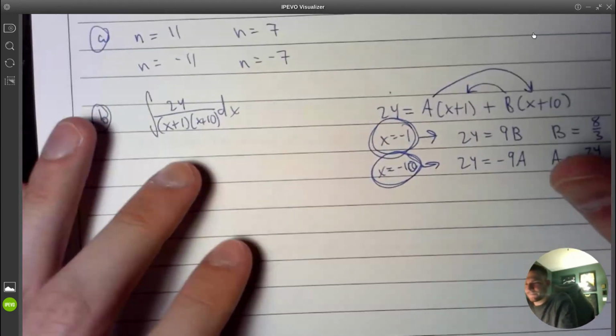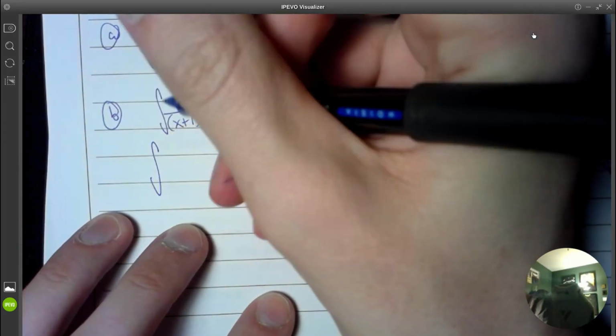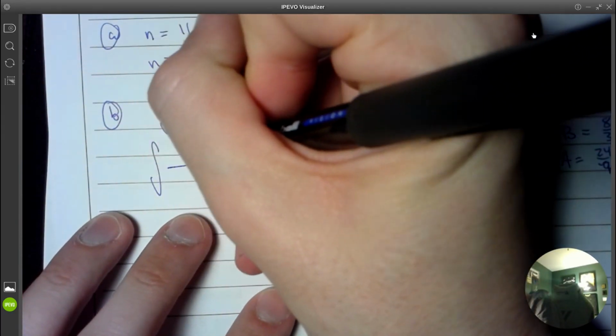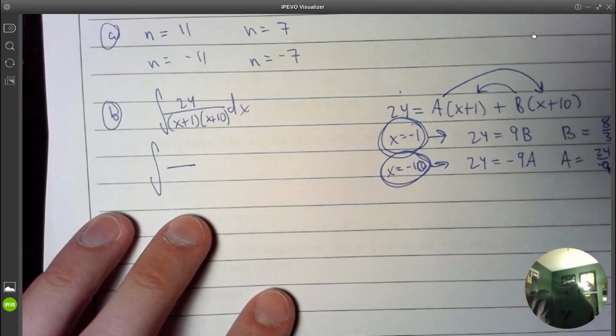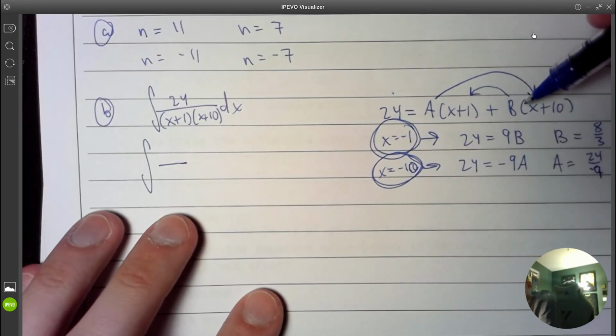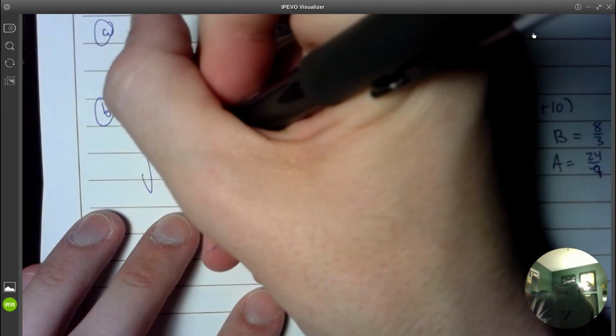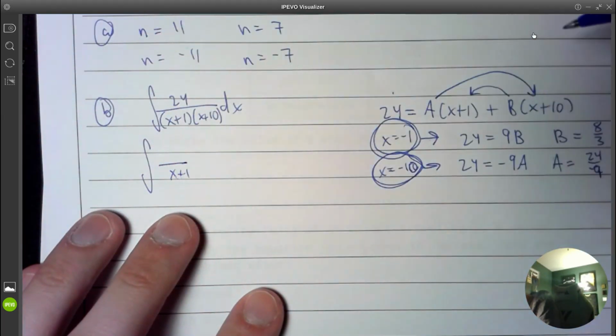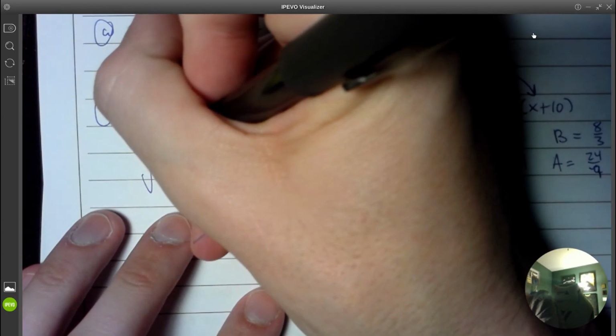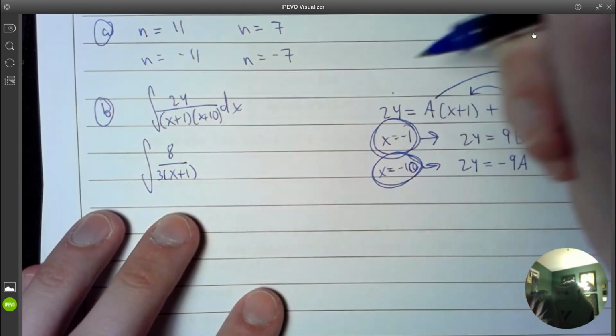All right, partial fractions. The A needs to go with the x plus 10, and the B needs to go with the x plus 1. All right. X plus 1 goes with the B, which is 8 over 3.